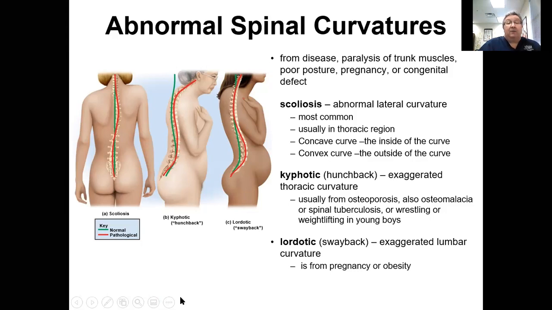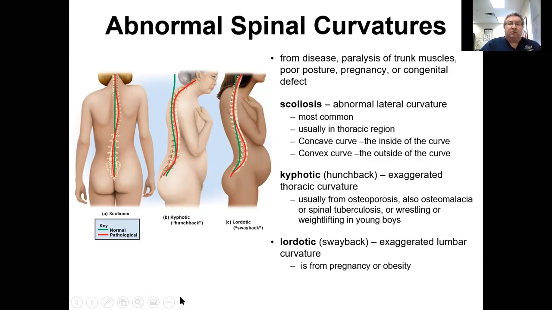It could also occur with weightlifting in young boys, but a kyphotic curve is basically a hunchback, and it usually occurs in the thoracic region. So our elderly usually have that hunchback, especially when they're leaning forward.